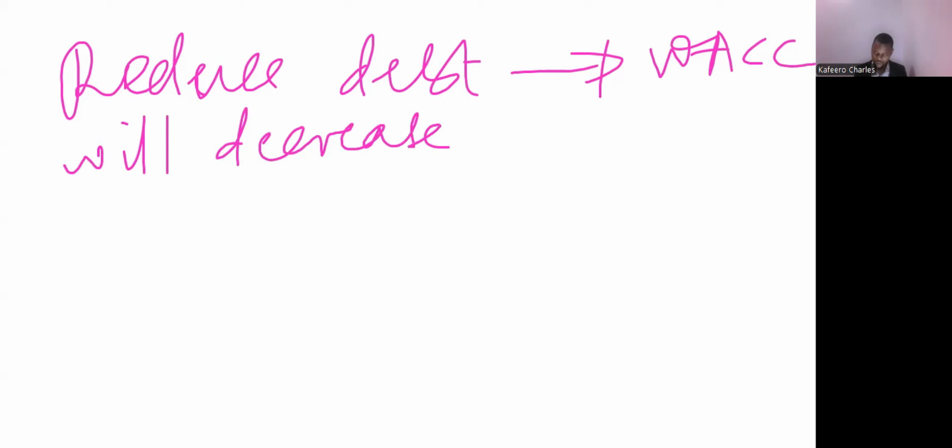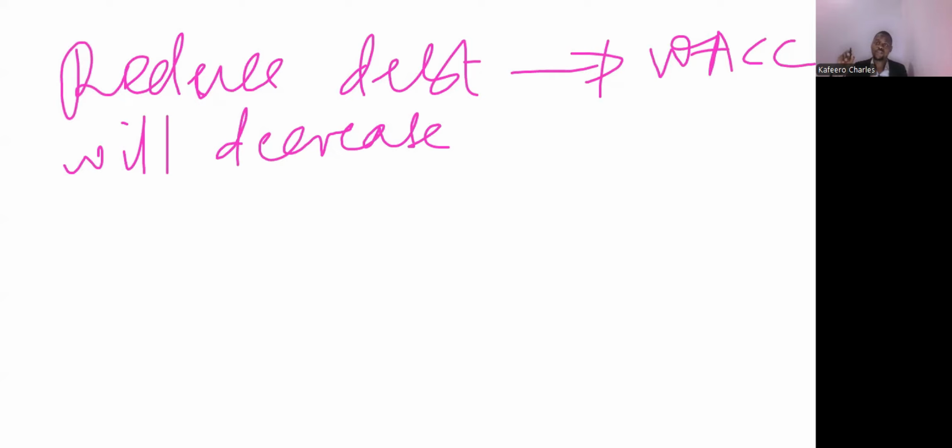The overall cash flow is going to increase. The reason the overall cash flow is increasing is because we are dividing the numerator by a lower denominator, and that causes the business to have a higher resultant cash flow.